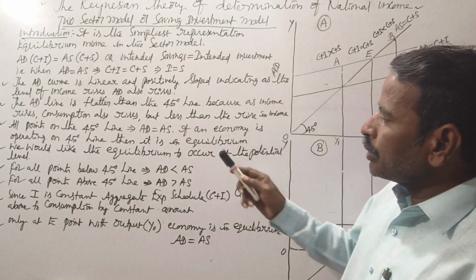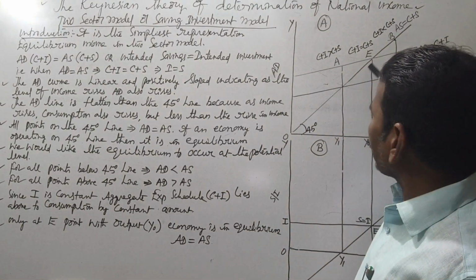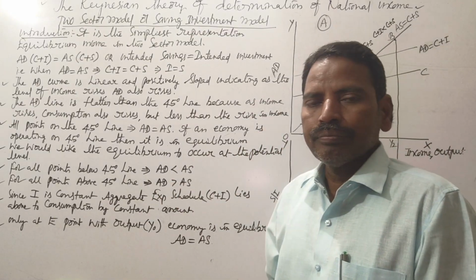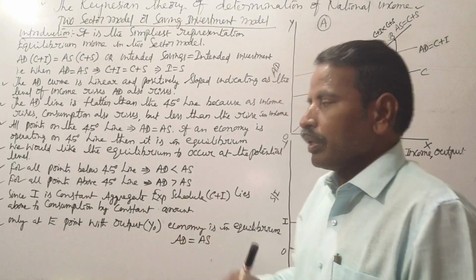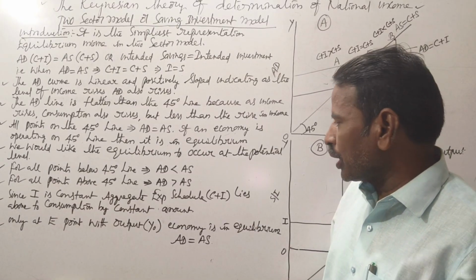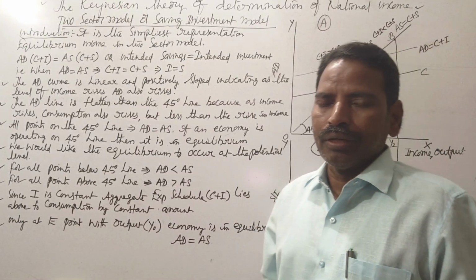If an economy is operating on the 45-degree line, then it is in equilibrium. We would like the equilibrium to occur at the potential level.